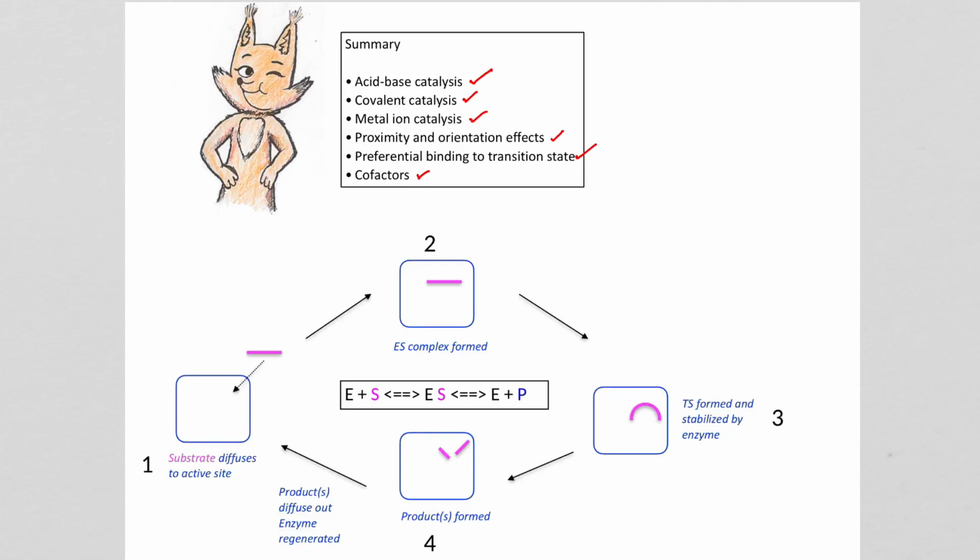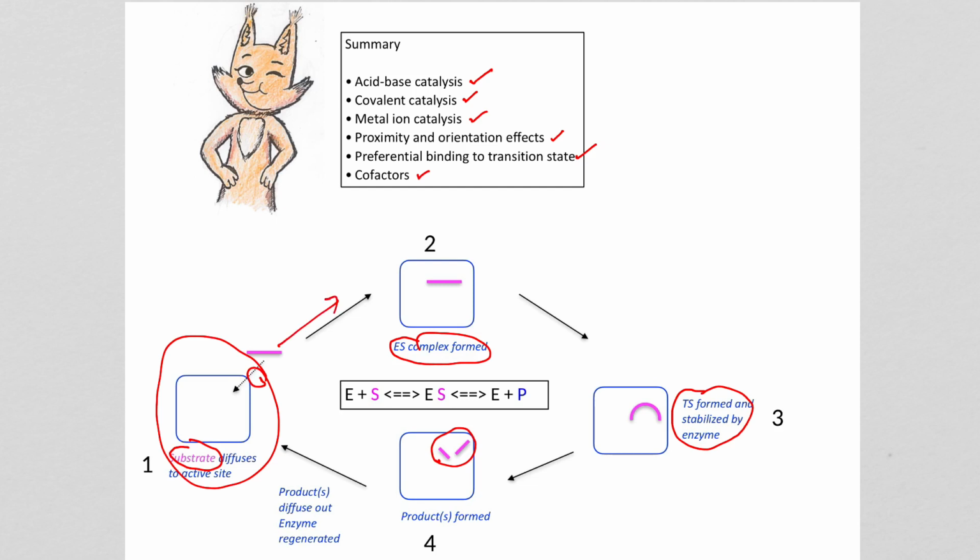So just to summarize, enzymes work by binding their substrates, forming an enzyme-substrate complex, and then stabilizing the transition state, resulting in the formation of the products which diffuse out to give you back your original enzyme that goes on to catalyze yet another reaction.